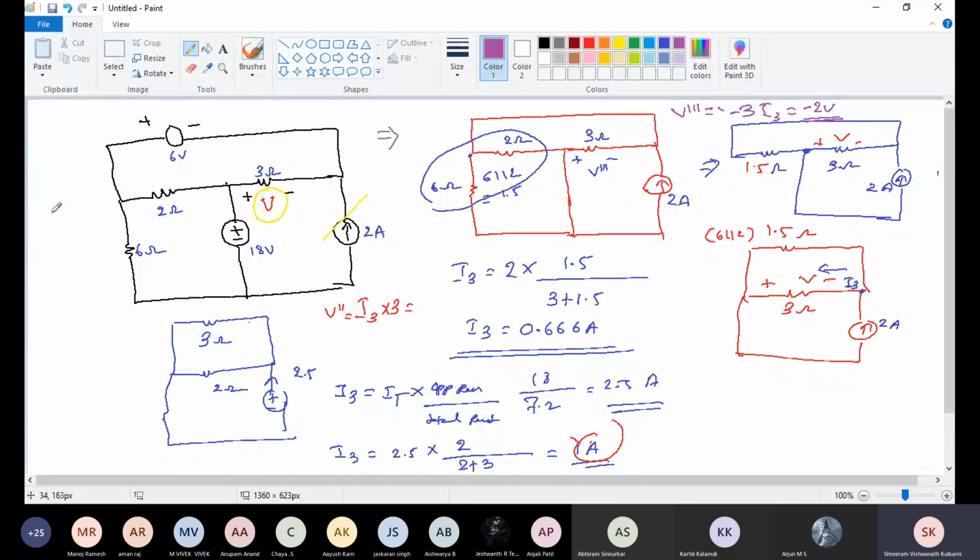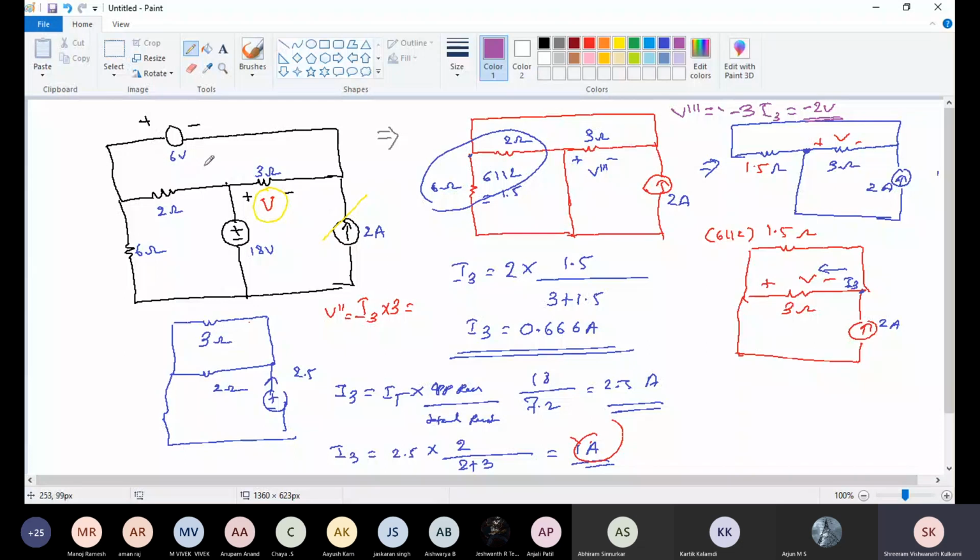Now, what does the superposition theorem state? We need to add all the individual effects produced by the individual sources.